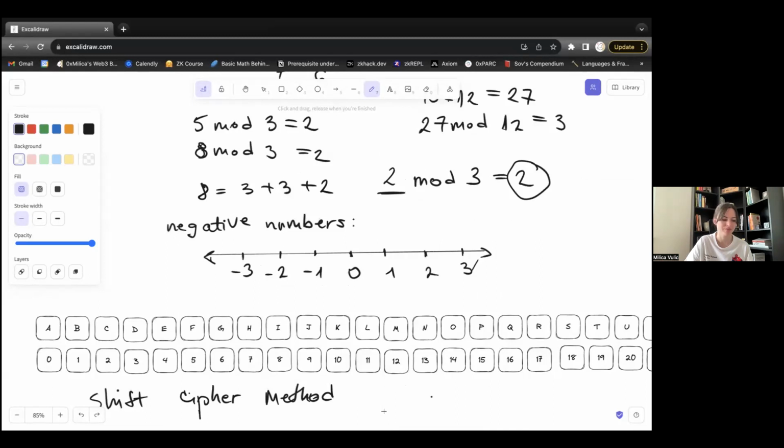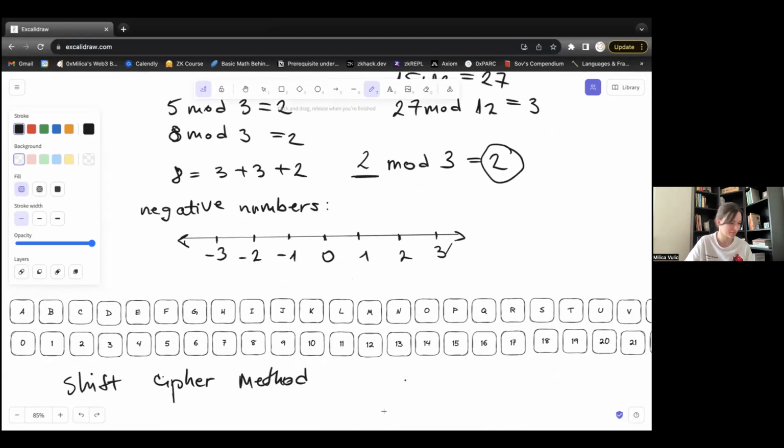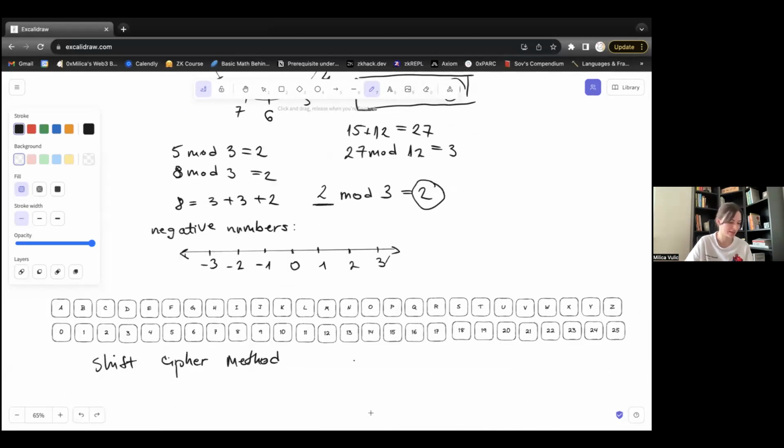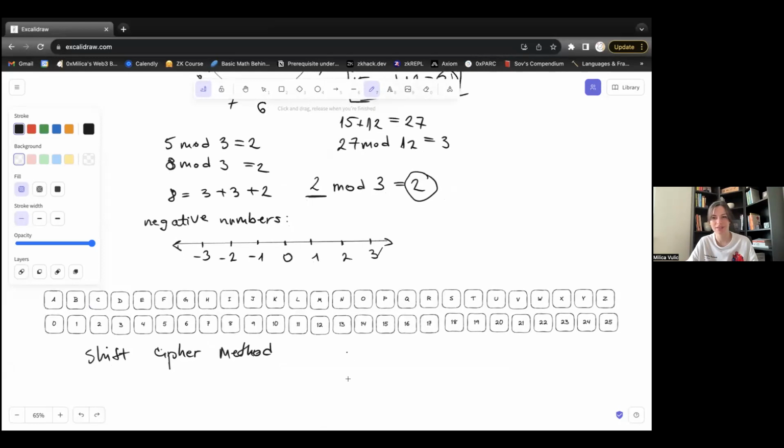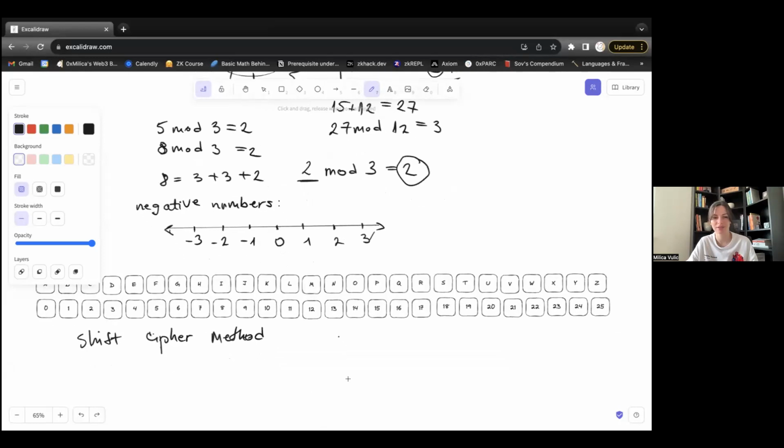All right. So I have prepared something. Since we have 26 letters in the alphabet, we do modulus by 26. All right, and since you can see the alphabet, all right.